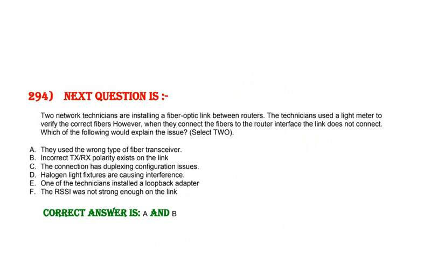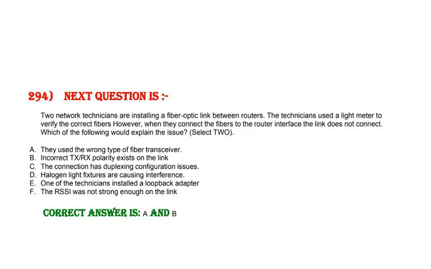Question is, two network technicians are installing a fiber optic link between routers. The technicians used a light meter to verify the correct fibers. However, when they connect the fibers to the router interface, the link does not connect. Which of the following would explain the issue? Choose two options. Option A, they used the wrong type of fiber transceiver.